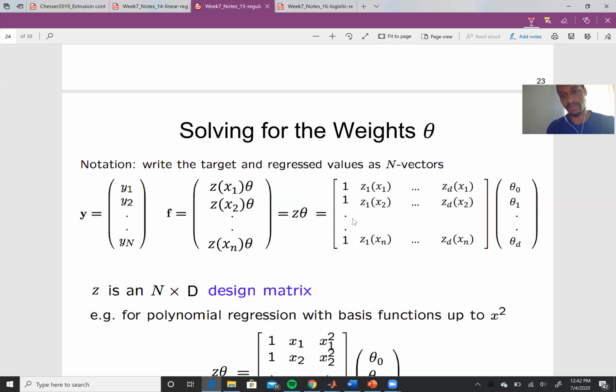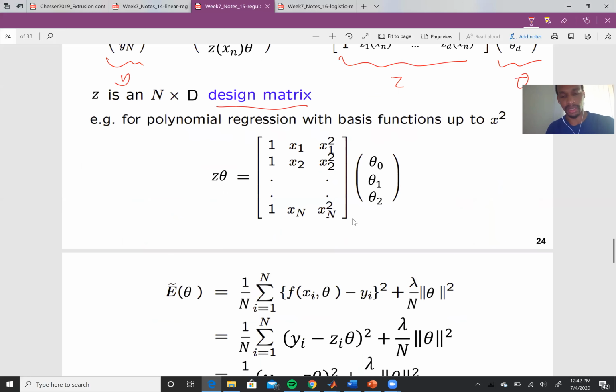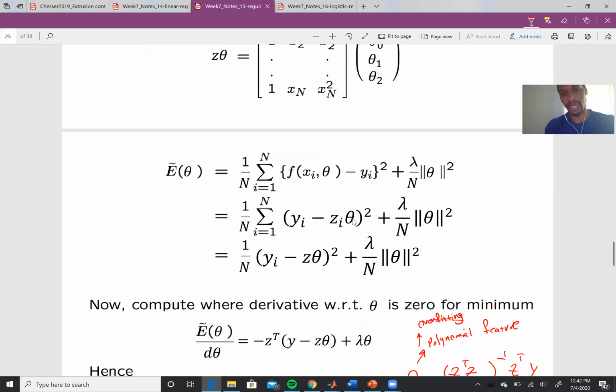You have your Z matrix here, which we'll call the design matrix, and your theta matrix, and you have your observations Y. And so now you can write this as the sum of your errors plus your regularization term.